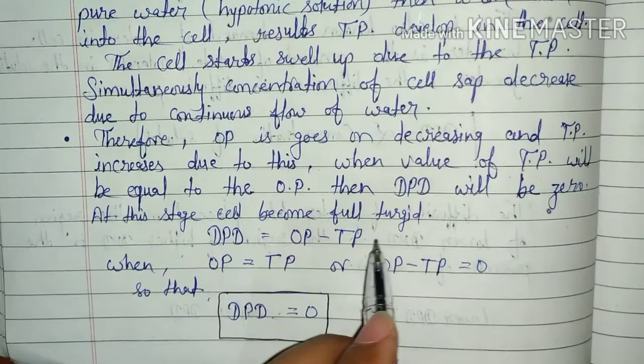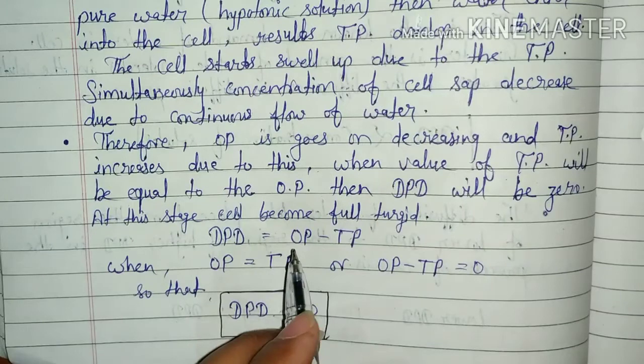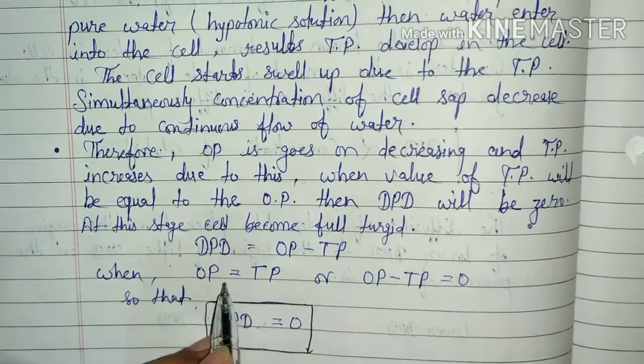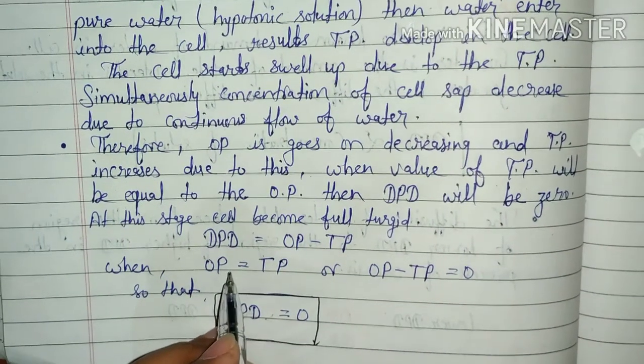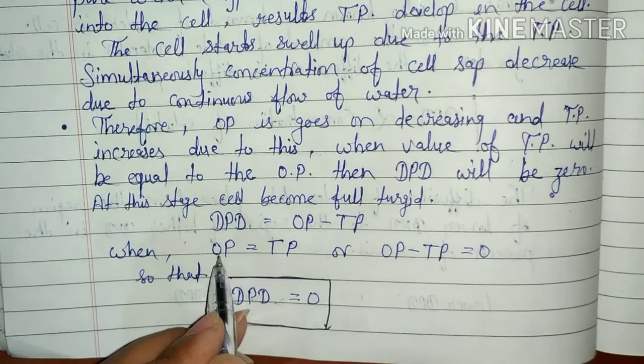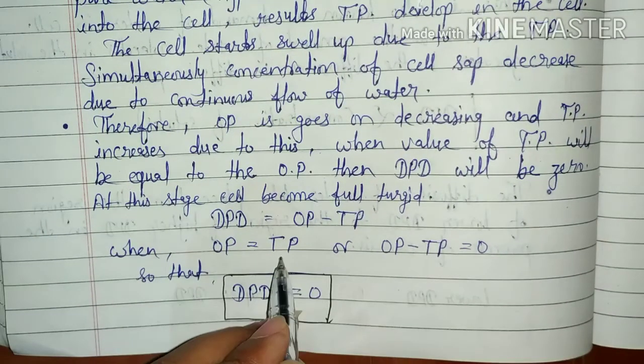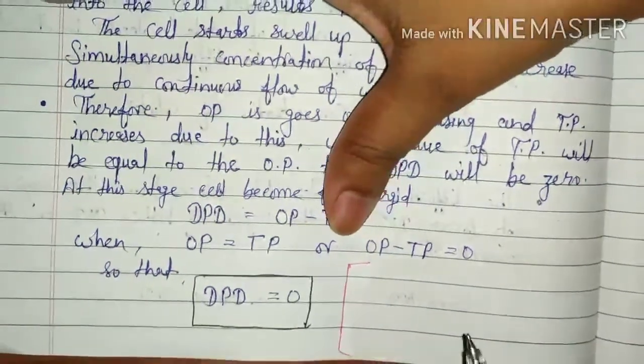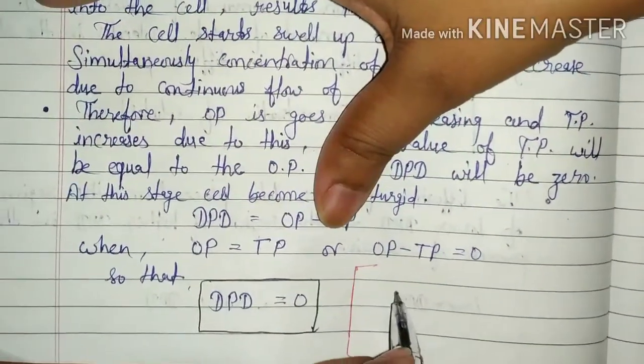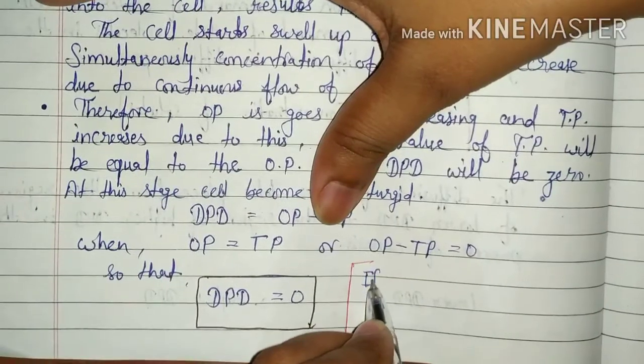DPD is equal to OP minus TP. So, in a fully turgid cell, OP is equal to TP and the difference between OP and TP is 0. So that DPD is equal to 0. Let's take an example.